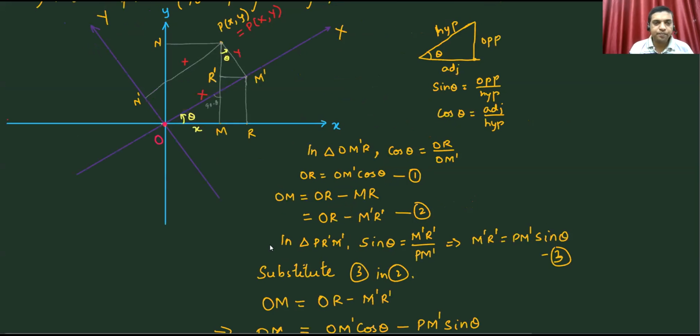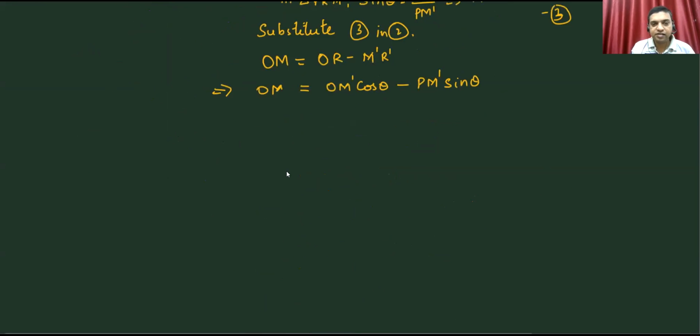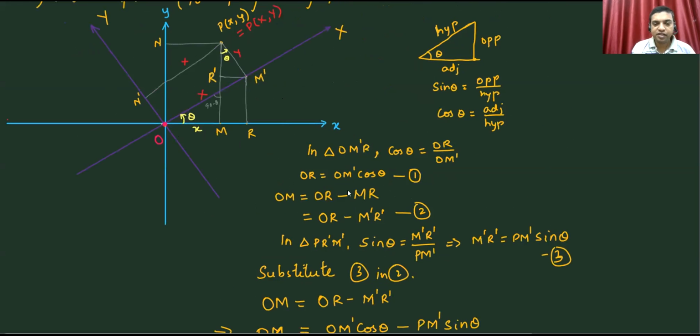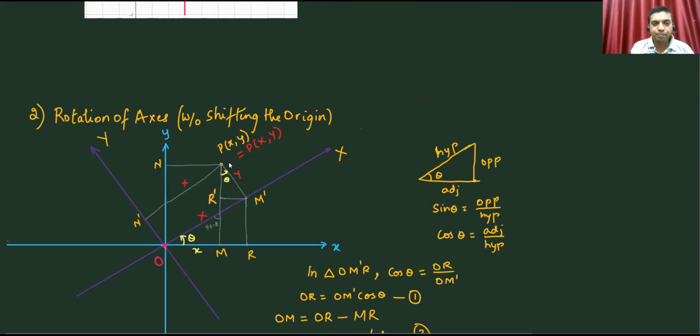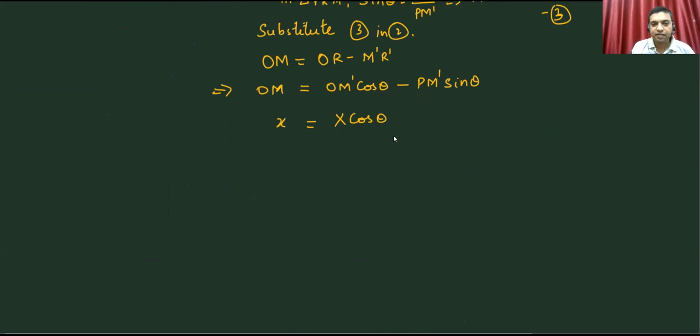Now what is OM? OM is small x. What is OM dash? Capital X. What is PM dash? Capital Y. So you get this result. Small x is equal to capital X cos theta minus capital Y sine theta. All right. This is what you get as the first expression. Very important.